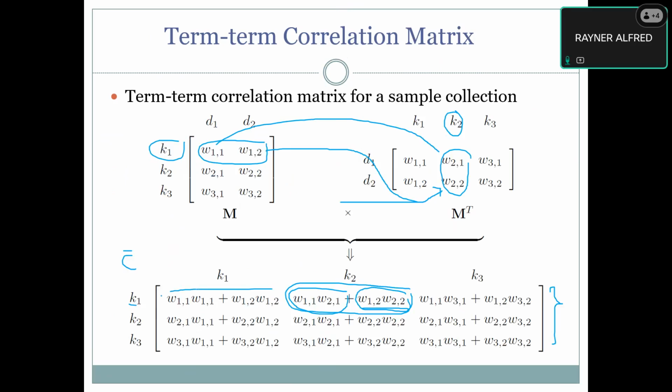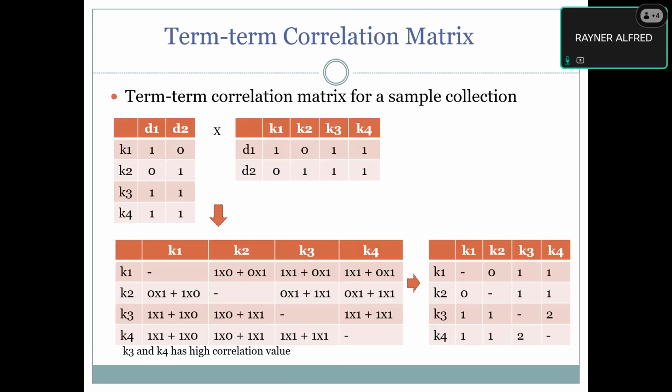By looking at these numbers, we know which keywords always come together, meaning terms which have a high correlation value. If we use the example that we have in the Boolean model, for example like this, this is our keyword and this is our document. We take the transpose of this.